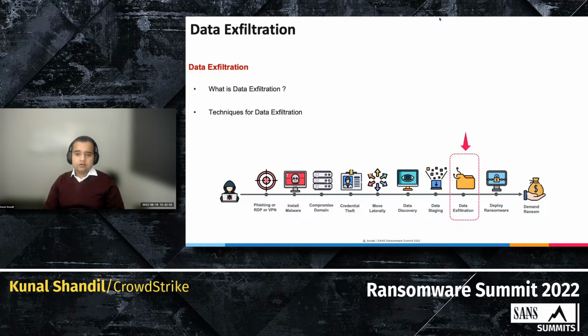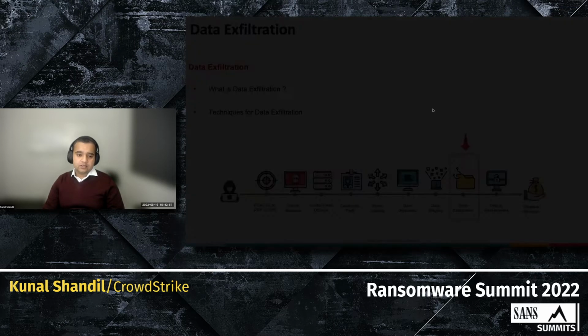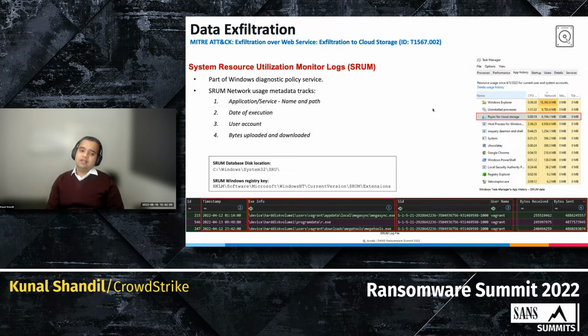The first Windows artifact which I would like to discuss, and which is one of my favorites, is the System Resource Utilization Monitor logs, or SRUM logs. SRUM is a part of the Windows Diagnostic Policy Service that tracks applications, services, and network statistics over time. SRUM logs track the application resource usage and the network connection and its usage.